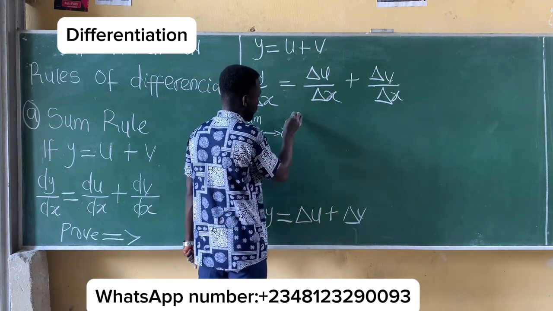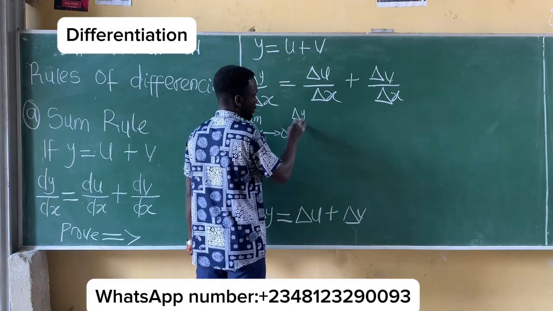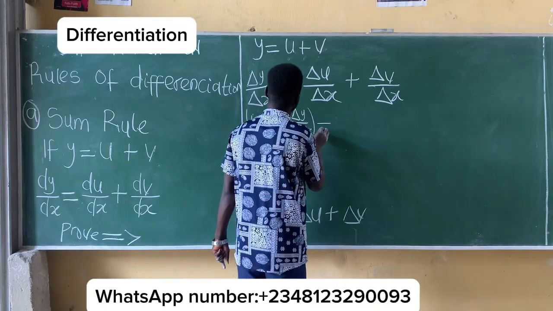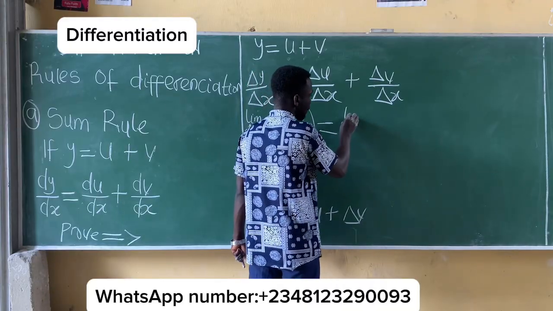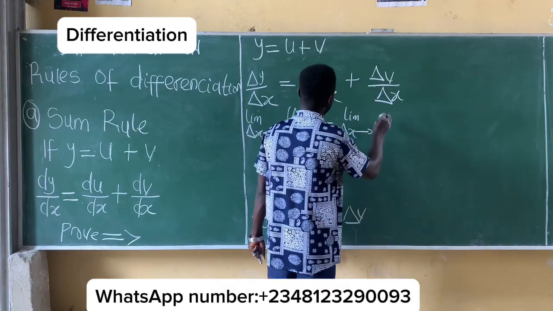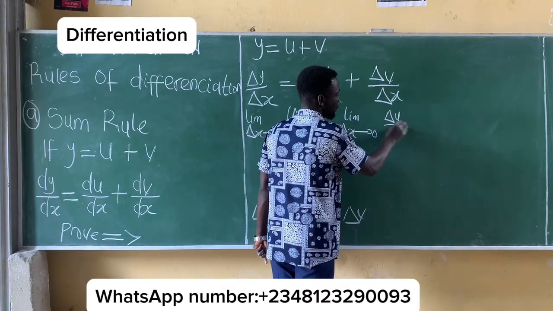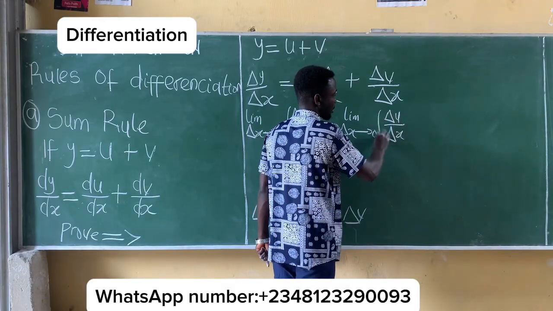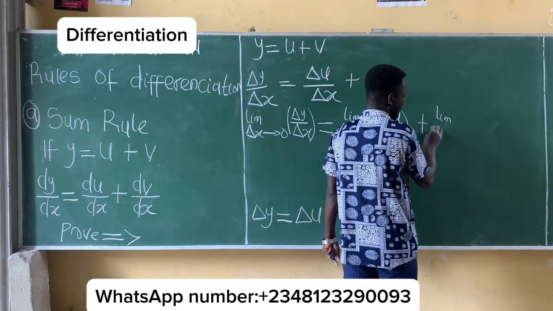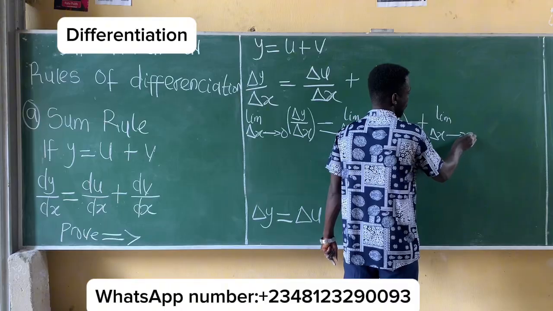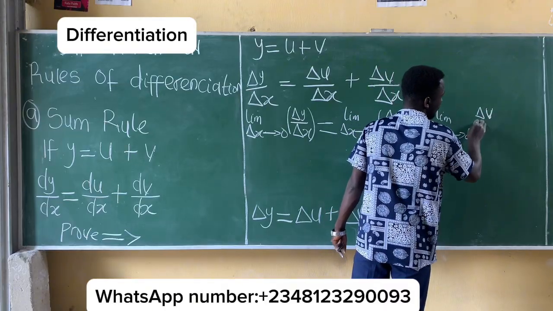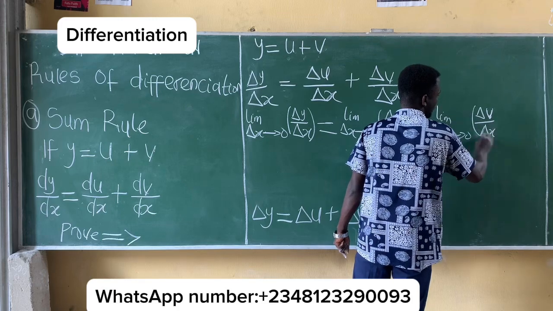So we have the limit as delta x tends to 0 of delta u all over delta x, plus the limit as delta x tends to 0 of delta v all over delta x.